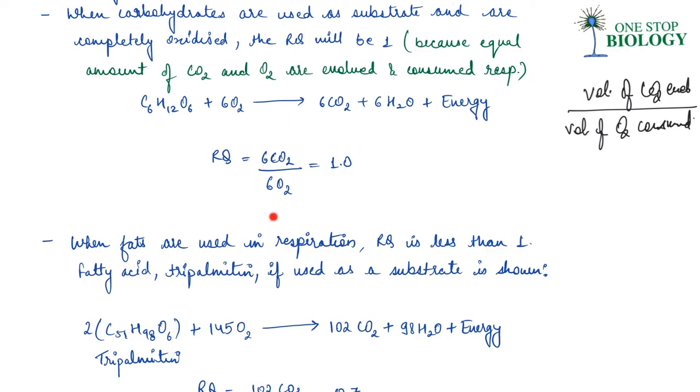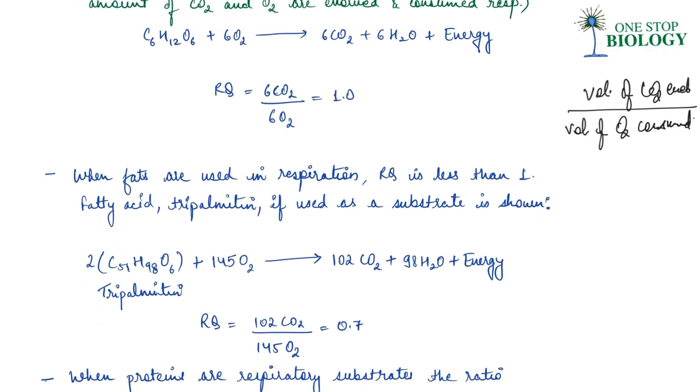So this becomes 1 because we have glucose plus 6 molecule of oxygen, and then 6 molecule of carbon dioxide is released, right? So here the ratio will be 6 molecule of carbon dioxide divided by 6 molecule of oxygen, so it becomes 1, right?